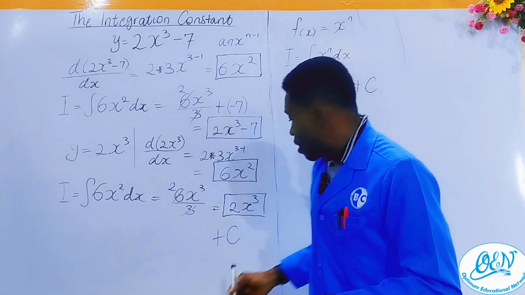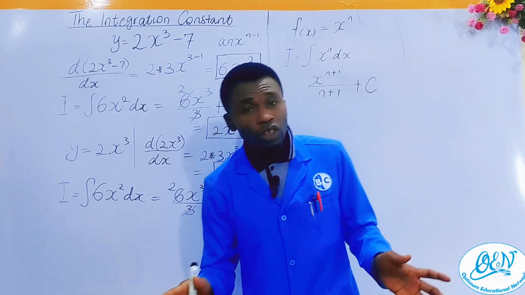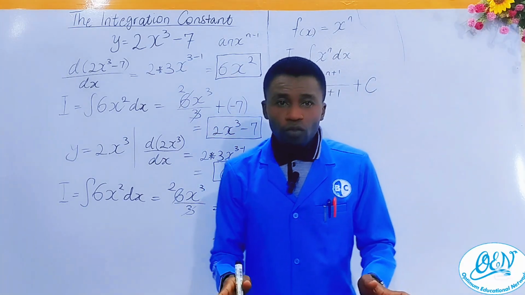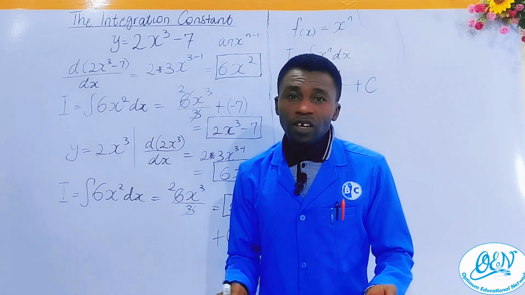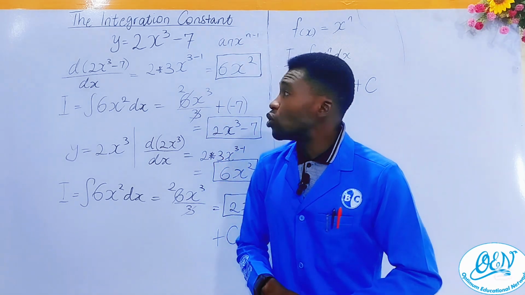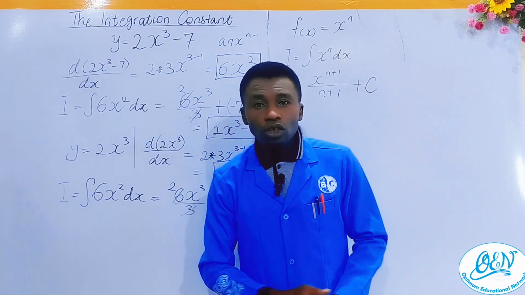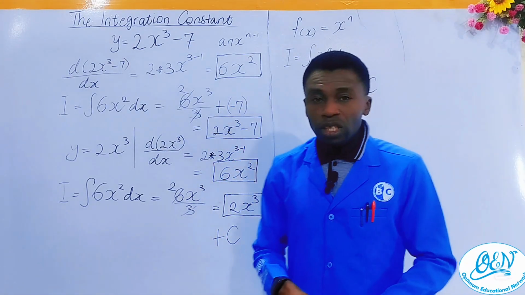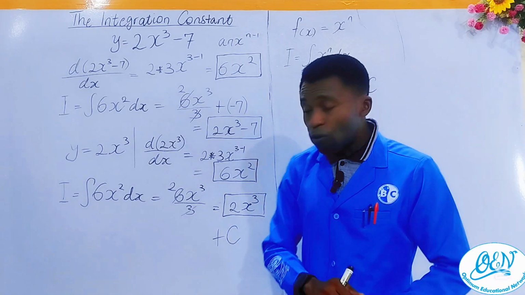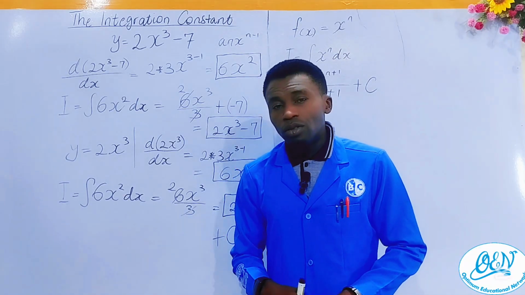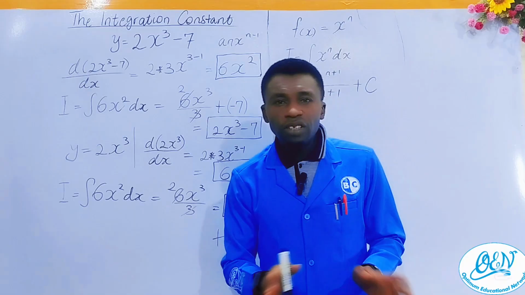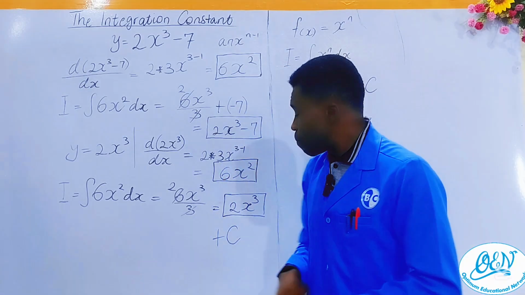Now this constant is of an arbitrary value. This value will be determined if we have any further information about the original function, like in this case, where we have the information about this, so we can now add it to this. When we have this kind of integral, we call it an indefinite integral because we don't know the value of c.